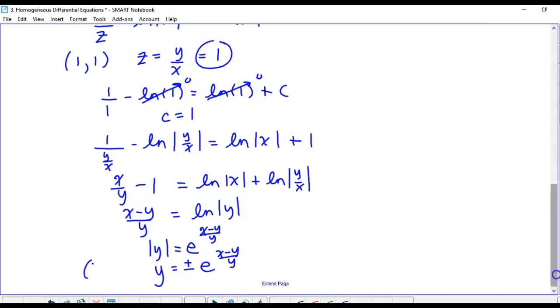Now we're at the point 1, 1. So our y value is positive, so we're just going to take the positive. Okay, so if you put 1 in for x and 1 in for y, you get 0 here, e to the 0 is 1, so it works.